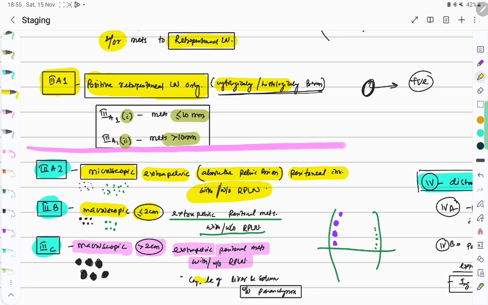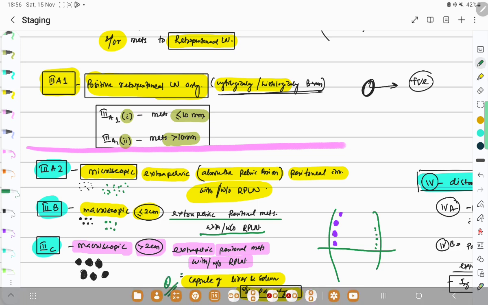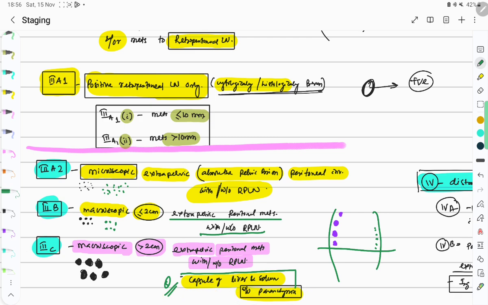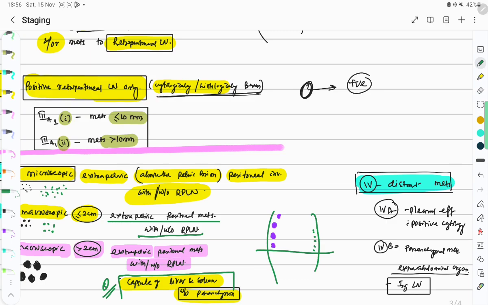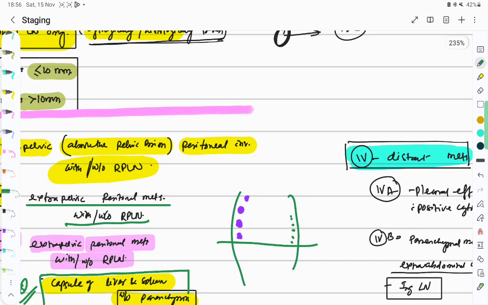Then another point is capsule of the liver and spleen involved without parenchyma. That is also 3C. This is an important question. If the capsule is involved without parenchyma, that is 3C. Parenchyma is not involved in 3C.